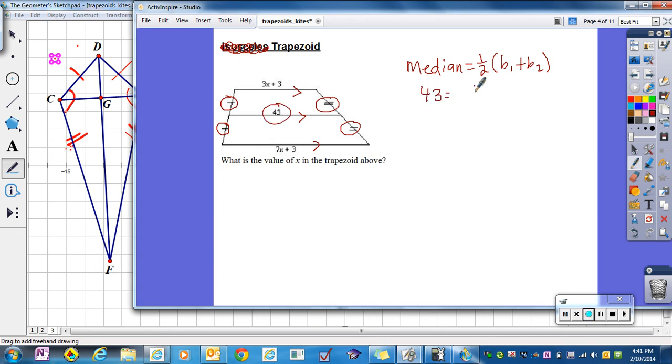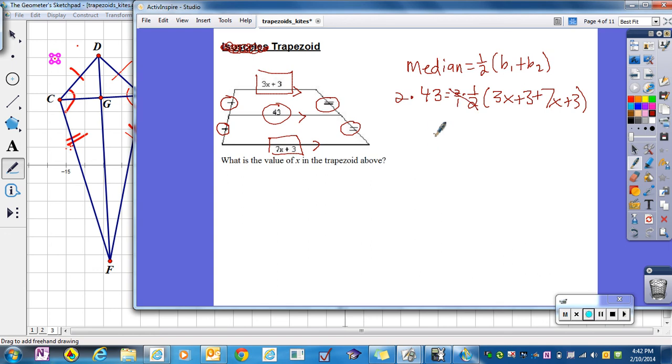So 43 equals 1/2 times base 1, which is 3x plus 3, plus base 2, which is 7x plus 3. Alright, the very first thing I want to do to get all of this simplified is multiply by 2 over 1 on both sides, so I can get rid of this 1/2.